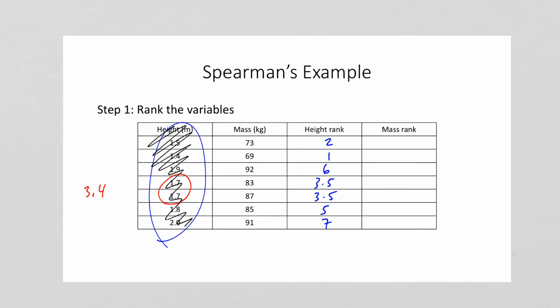So again, let's have a look, and we'll do this one in a different color. 69 is going to be number 1, 73 is going to be number 2, then we have 83, 85, 87, 91, which will be 6, and then 92, which will be 7.